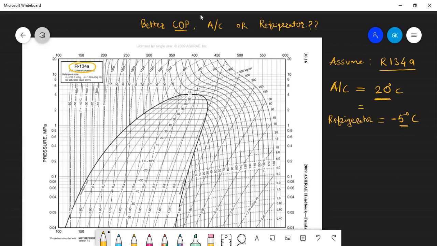So we assume it is 15 degrees Celsius evaporator temperature for AC. And for the refrigerator, the evaporator temperature will be at least 5 degrees Celsius below this. So we say minus 10 degrees Celsius.